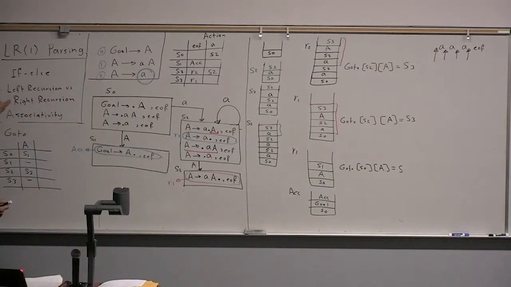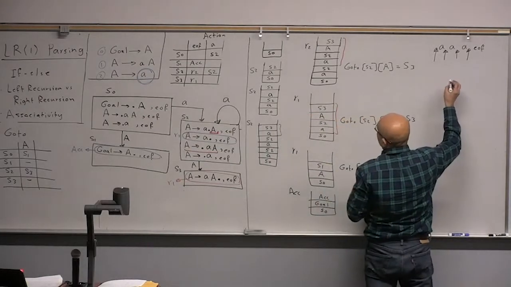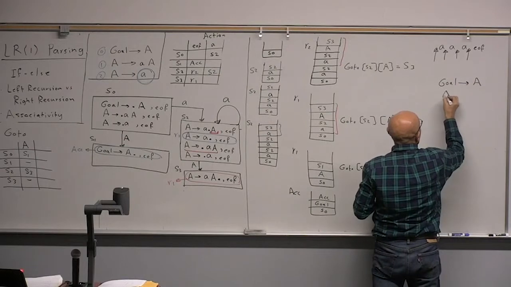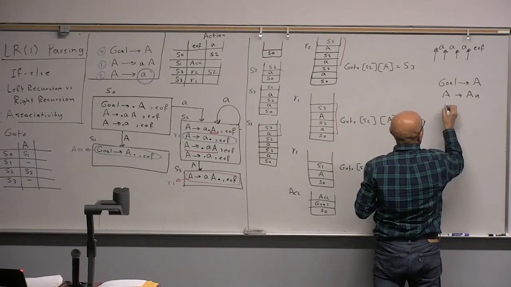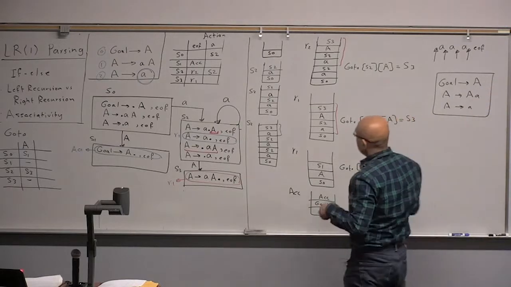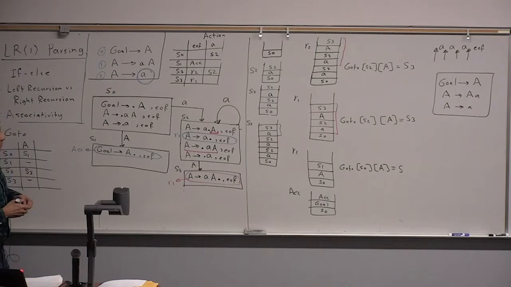Here there is a point that we're trying to make about left recursion versus right recursion. The one that we did in class was goal to A, then A to A A, and A to little a. So we did the left recursive one. Now what do you think? Do you see anything weird or inefficient with this?